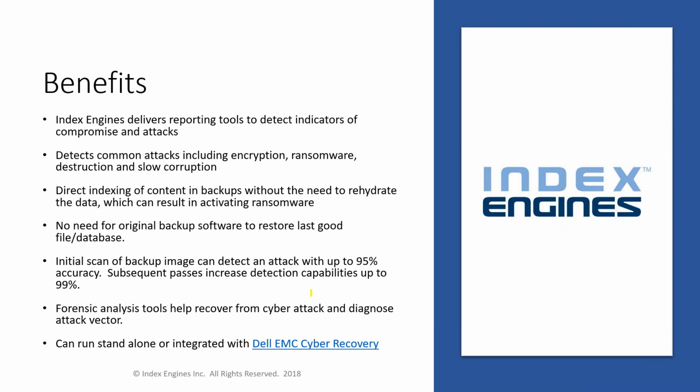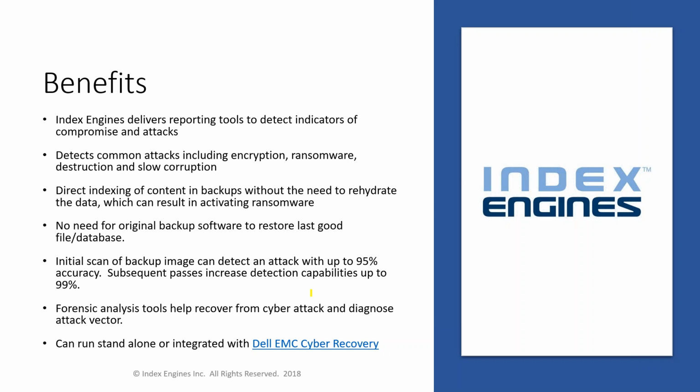Again, the benefits are that CyberSense can provide support to detect indicators of compromise, looking for attacks that include encryption, ransomware, destruction, and slow corruption. If you're indexing or using CyberSense on backup images, the beauty of that is it's not rehydrating the data and won't allow the malware to further create destruction.